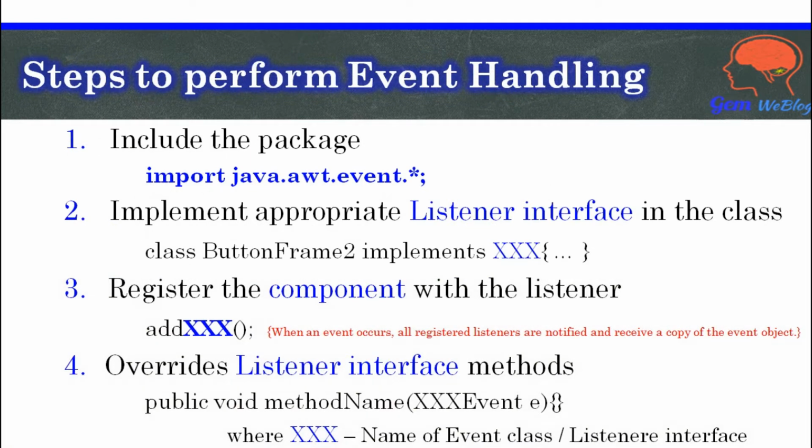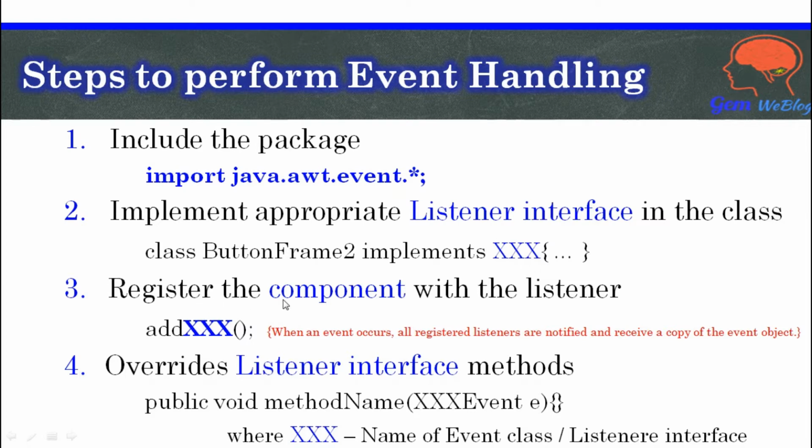Now we will see the steps to perform event handling. First, you have to import the package java.awt.event.*. Next, you have to implement the appropriate listener interface in the class, for example, class name followed by the implements keyword, then followed by the listener interface name.